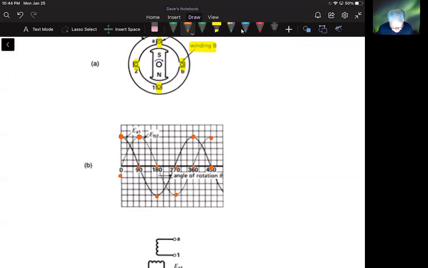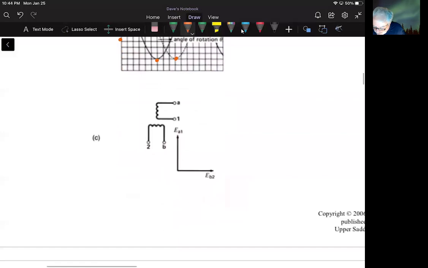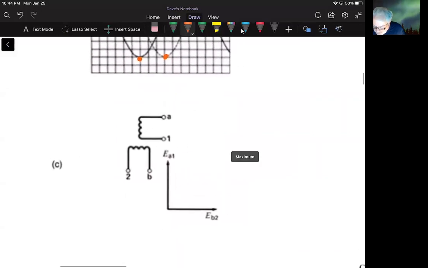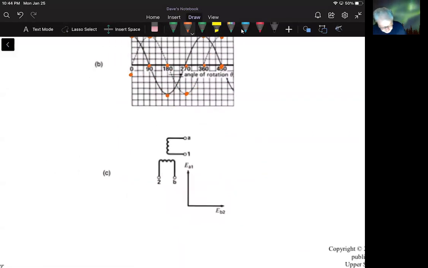And I guess the next thing that we might want to look at is, let's get used to some of the representation of these things as we start to come up with the symbols for electrical machines. So this is supposed to represent coil A1, and here is coil B2.